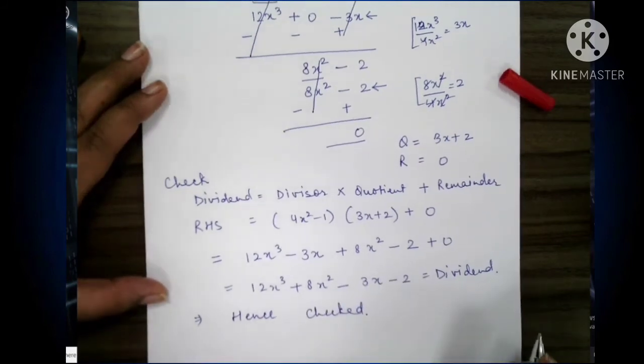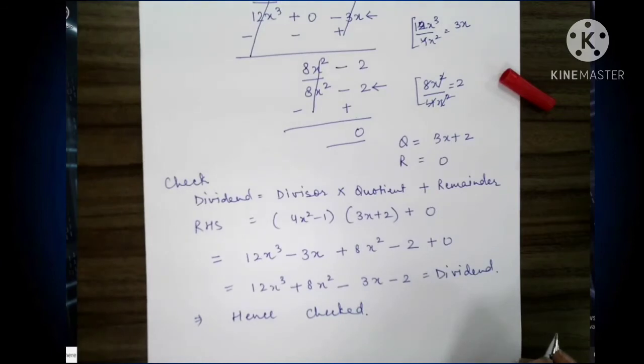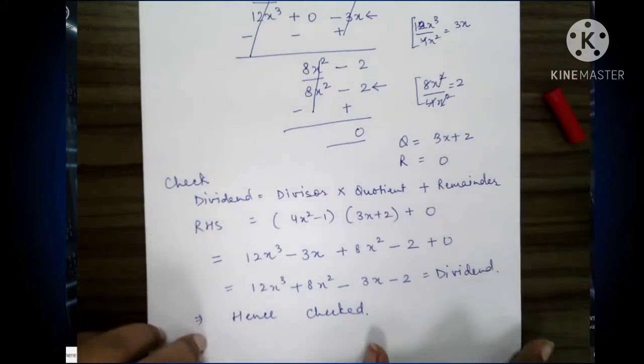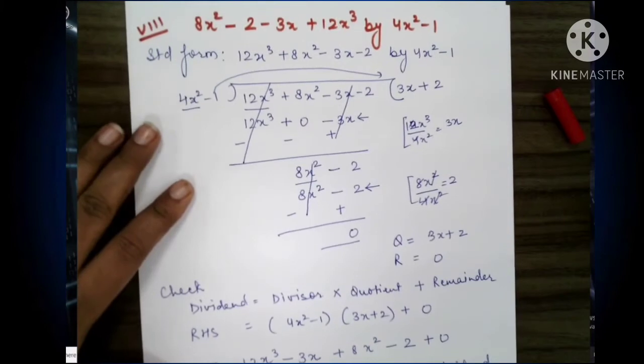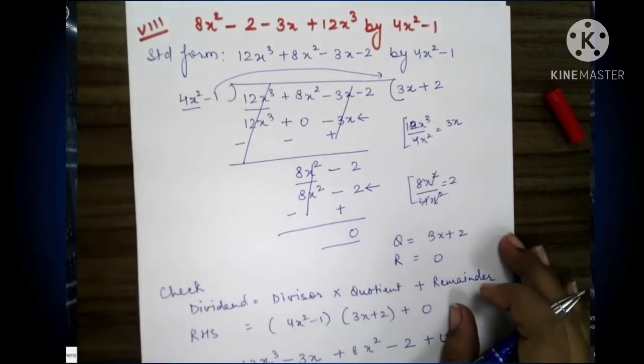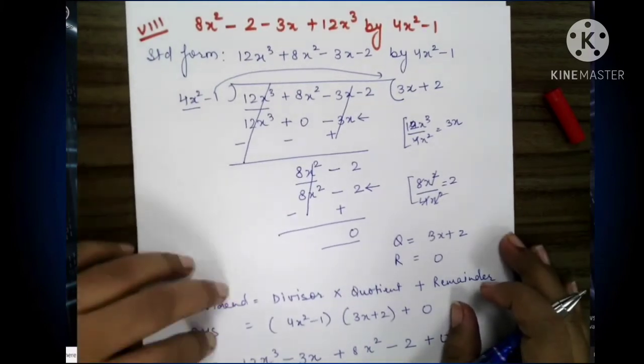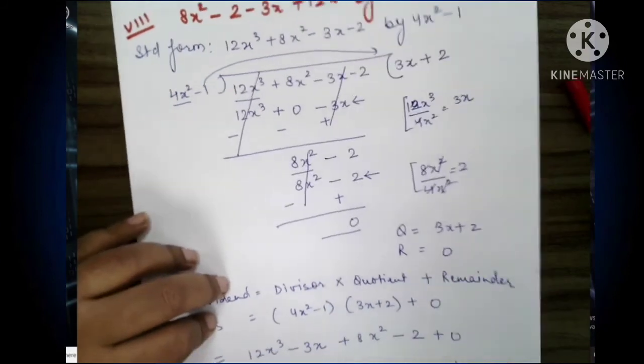Okay children, move to question number 3. If you are aware how to solve question number 2, in question number 3 we also have the same division, nothing else we have to do, only the long division. Let's start with question number 3. I'll explain: using long division method, check whether the second polynomial is a factor or not.